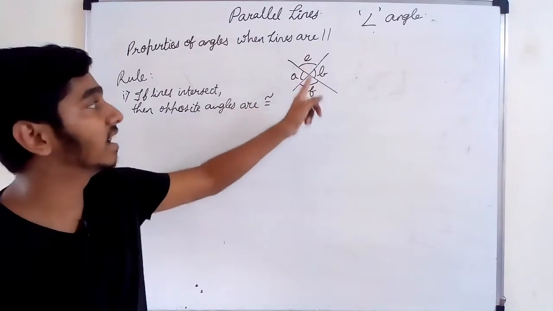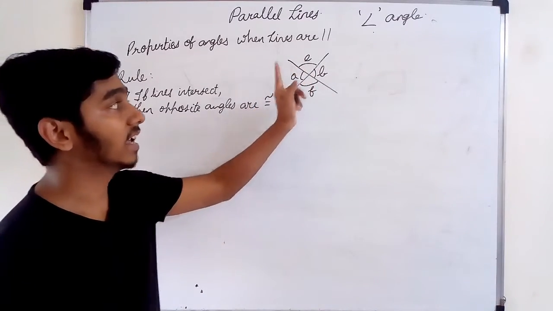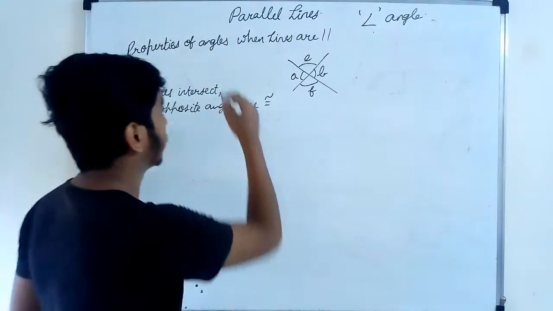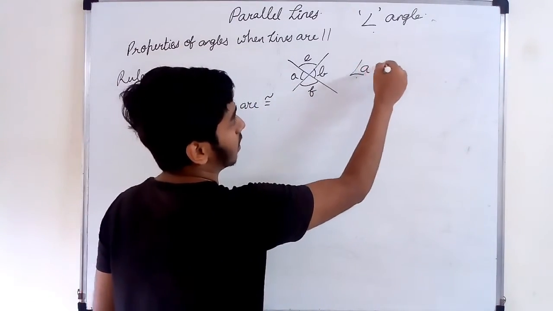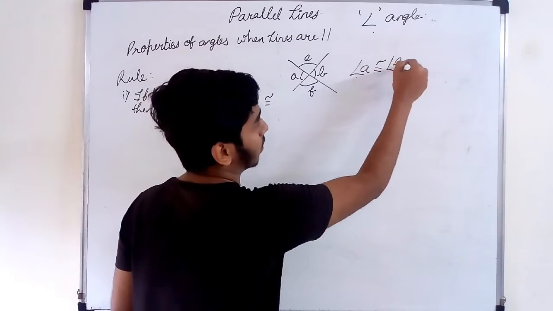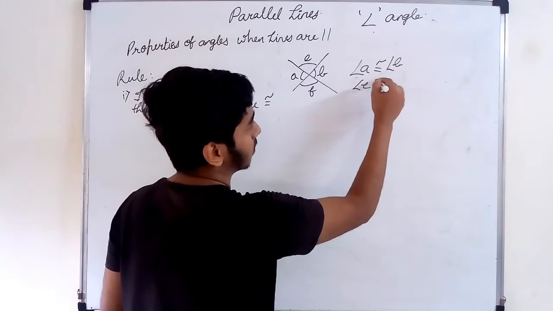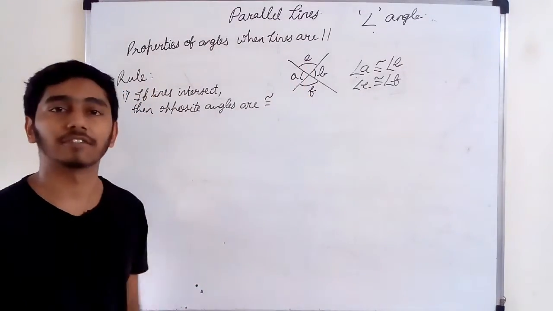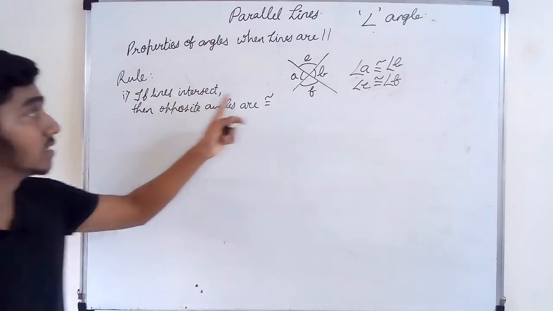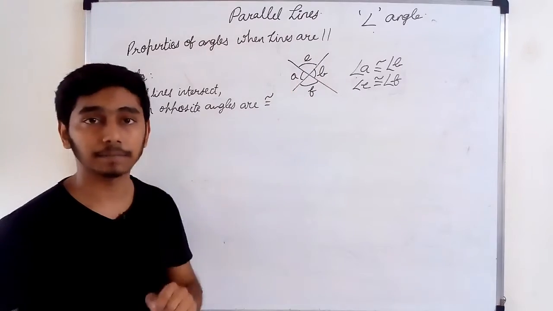Okay, that is E and F is congruent and A and B is also congruent. So for this you can write angle A is congruent to angle B and angle E is congruent to angle F. Okay, so that is when two lines intersect.